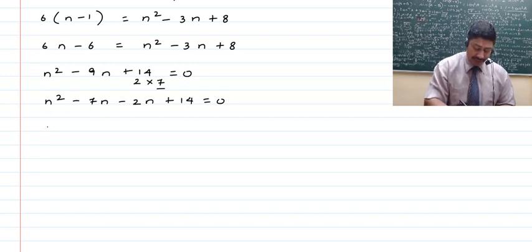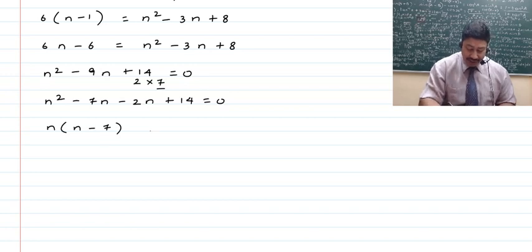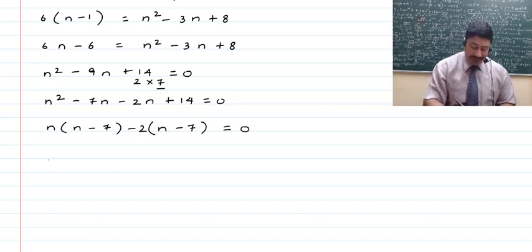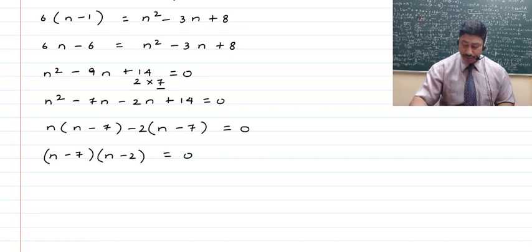Out of the first two, we can take n to be common outside, then when we write n minus 7 here, this is perfectly fine as we get the two terms which we required. Now when we write n minus 7, this will go minus 2 times to give us minus 2n plus 14, right? Now out of these two terms, we have n minus 7 which can be taken common outside, then we have n minus 2 inside, and their product becomes equal to 0, right?